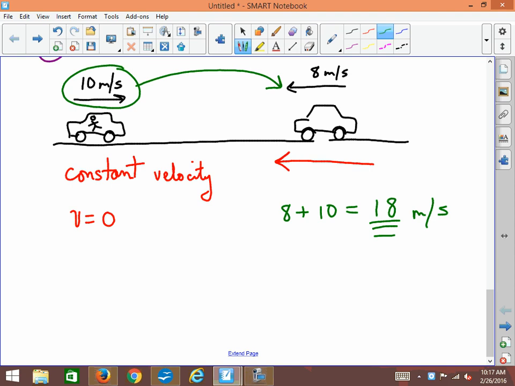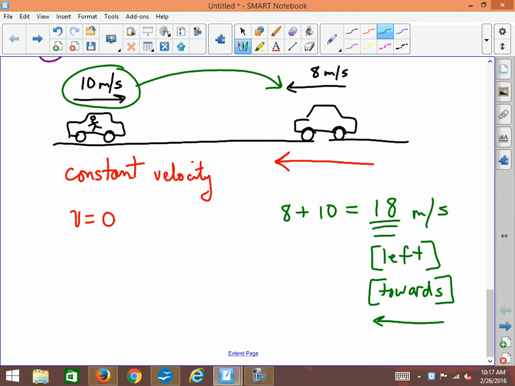That would be called the relative velocity of the cars from your perspective. And in fact, it would also appear as if the direction of that was to the left, or towards you. Maybe towards you is a better way of describing that if it's from your perspective. The car is coming towards you. Okay? In other words, this way.